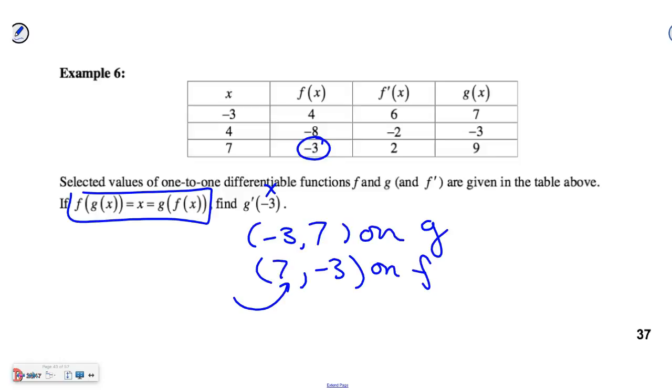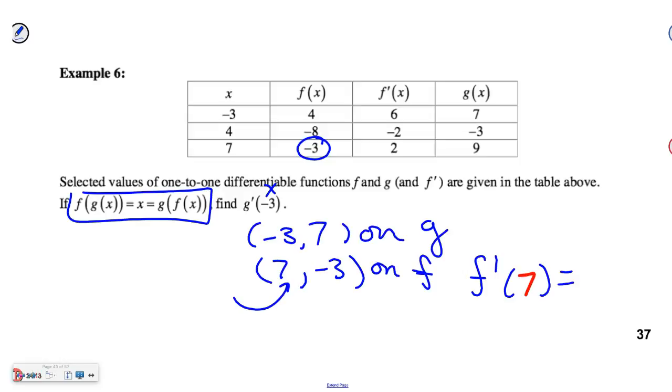Corresponding points. Now let's see if you've got the algorithm down. Once I have my points, what do I do? I find the derivative on the original. Yeah, I'll be able to get that off a table, or they'll hand it to me, or I'll go to the function and derive it. But I need to find the derivative at 7. All right. When x is 7, what's f prime of 7 according to this chart? 2. Okay.